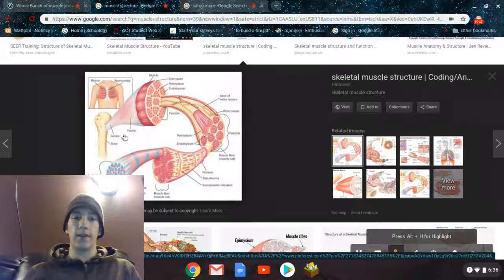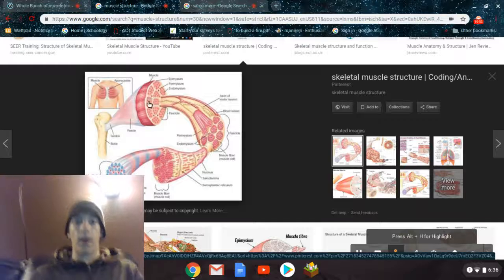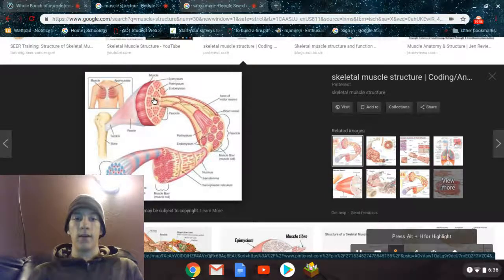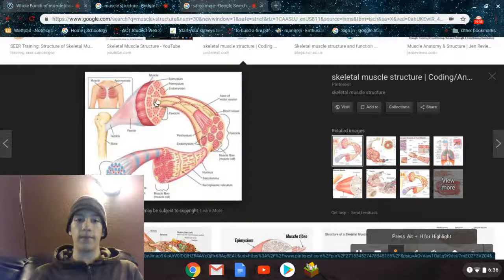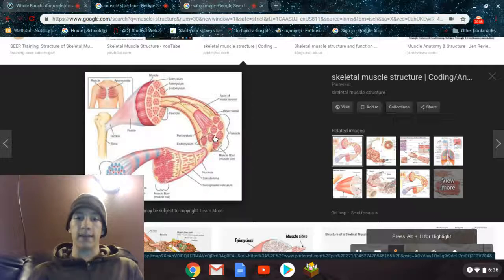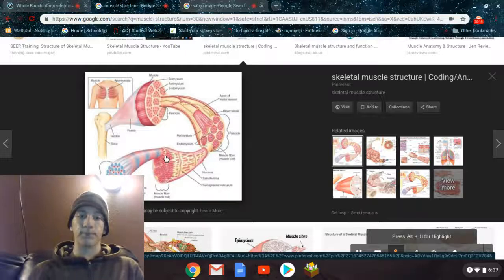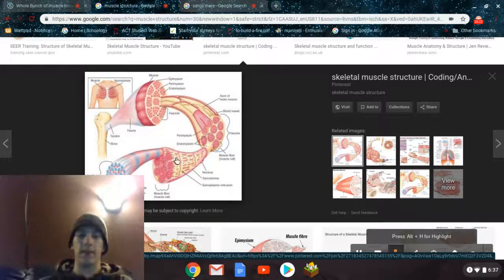So there's the fascia around the epimysium, which is around groups of fascicles, and each fascicle is surrounded by a perimysium, and each fascicle is a bunch of muscle cells surrounded by an endomysium, and within each of these muscle cells is a bunch of, each length of these muscle cells is called a sarcomere.